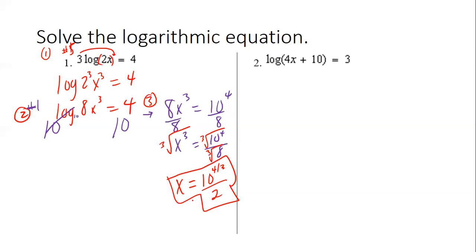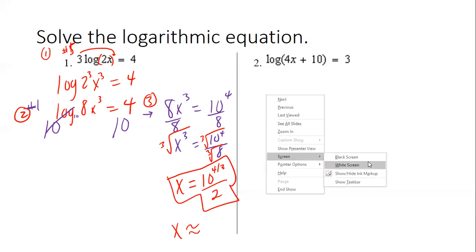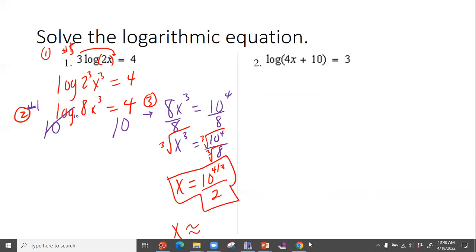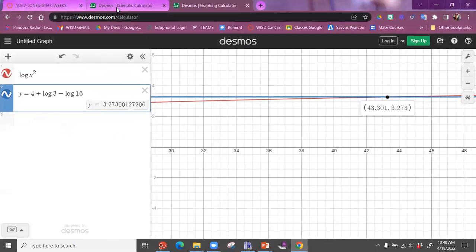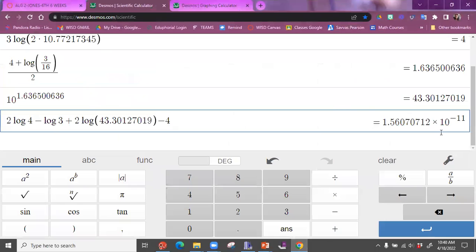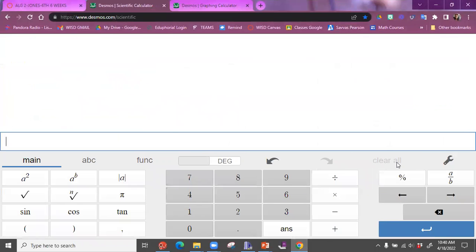So then to find the approximate, we're going to plug it into the calculator. So we're gonna go to handy dandy calculator. I'm gonna clear all.